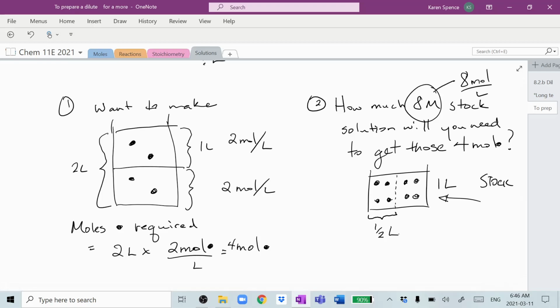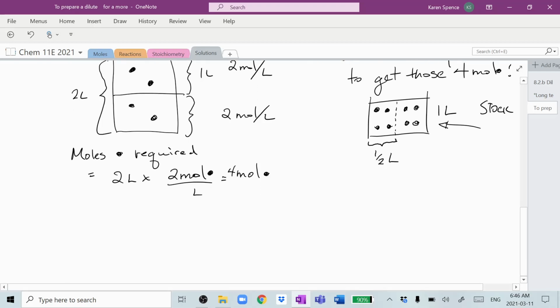So I would take that half liter of stock, and it would fill up this portion of my beaker. And it would have 4 moles in it. And this right here is a half a liter.